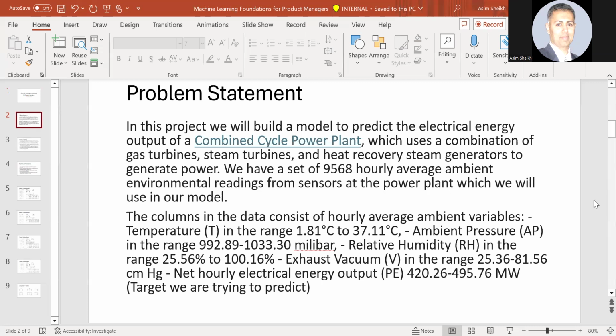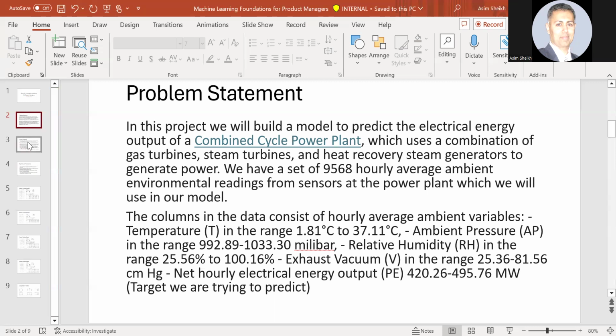The features in the data consist of hourly average ambient variables, such as temperature and range indicated, ambient pressure, relative humidity, exhaust vacuum, as well as the net hourly electrical energy output, which is the target variable that we're trying to predict, with the range as indicated.